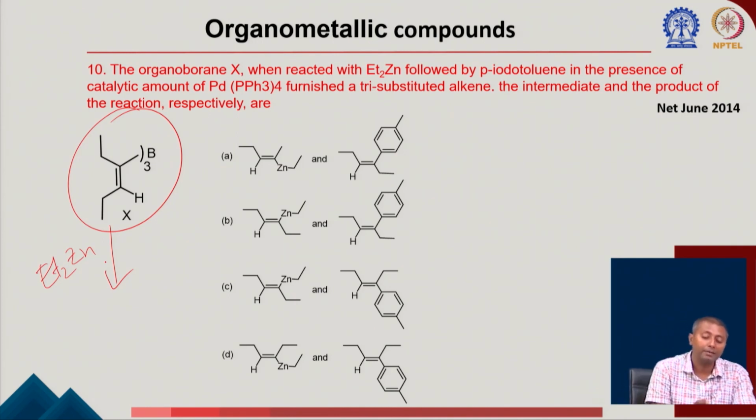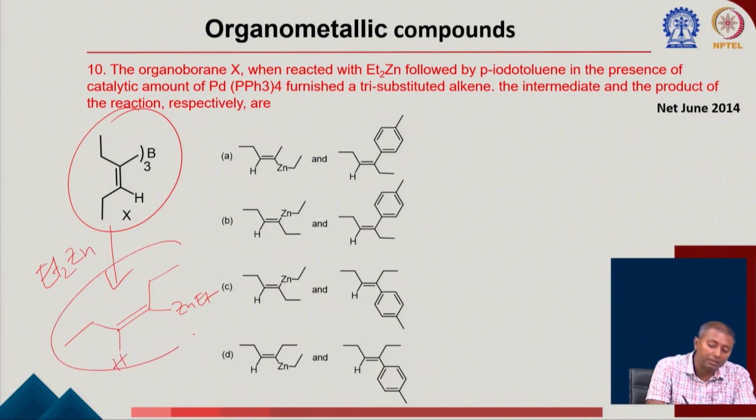This is the example here. You have a trialkyl boron reagent, you treat with dialkyl zinc, and you end up forming the corresponding zinc with ethyl. So you end up forming a corresponding organozinc by transmetallation.